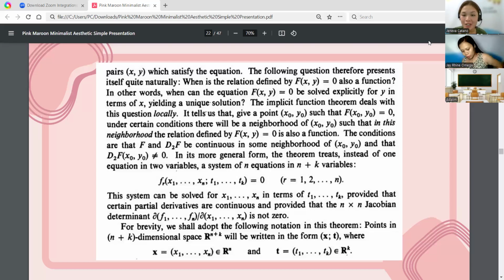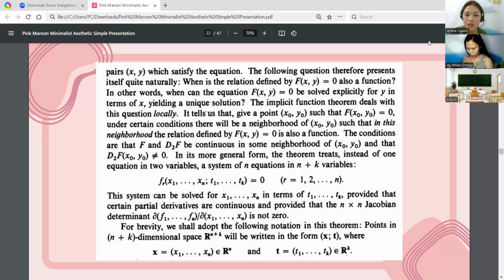The implicit function theorem deals with this question locally. It tells us that given a point (x sub 0, y sub 0) such that f of x sub 0 and y sub 0 equals 0, under certain conditions there will be a neighborhood of (x sub 0, y sub 0) such that in this neighborhood, the relation defined by f of x and y equals 0 is also a function.